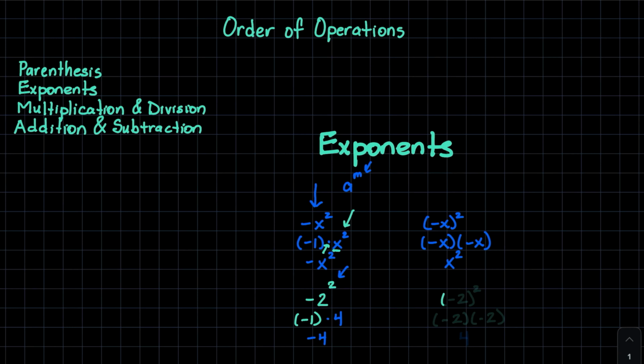But if it said in parentheses -2 squared, the parentheses are implying that that is now -2 and to square it. So that's -2 times -2. A negative times a negative is a positive, and 2 times 2 is 4. This case comes up a lot in order of operations, so please be careful.